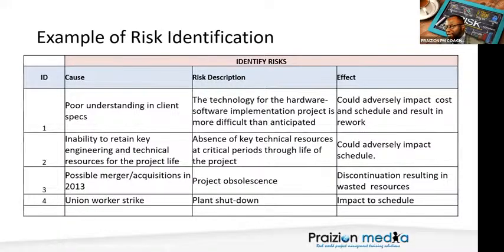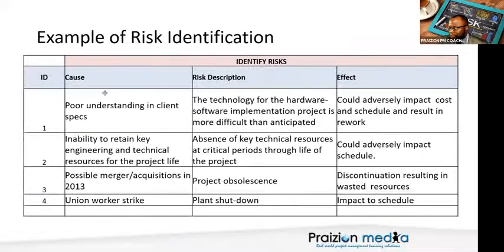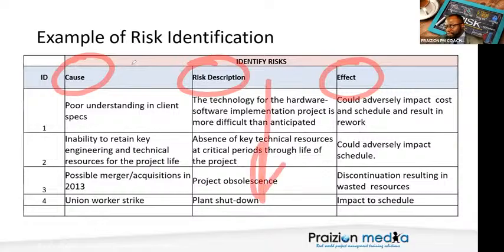But the beginnings of risk identification is this model: cause, risk, and effect. That is the model. If you've only identified the risks, you're not done. That's not enough, because if we know the root cause, we can attack many risks with a similar root cause.